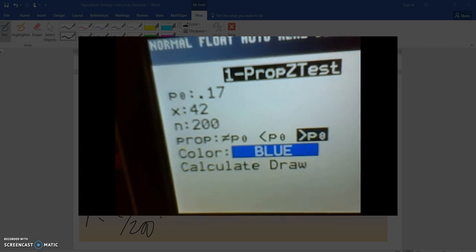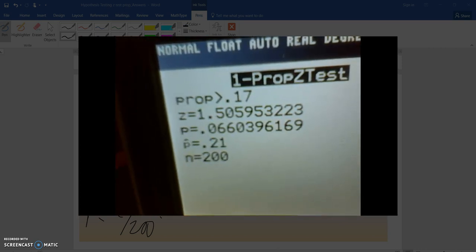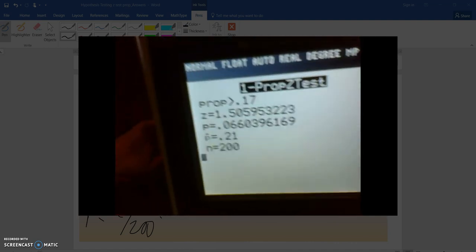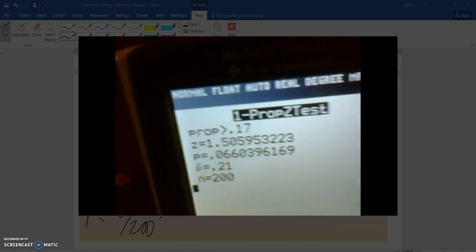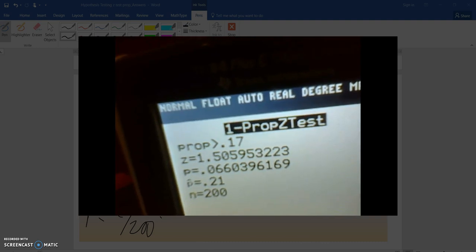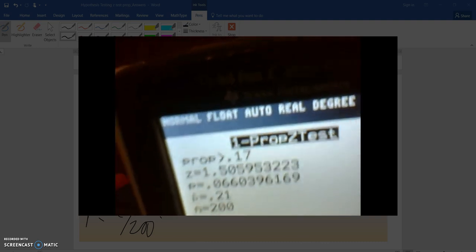Make sure yours matches mine, and then push calculate. If your numbers are relatively close, fabulous. If you're way off, you typed something wrong. All right, so double check.